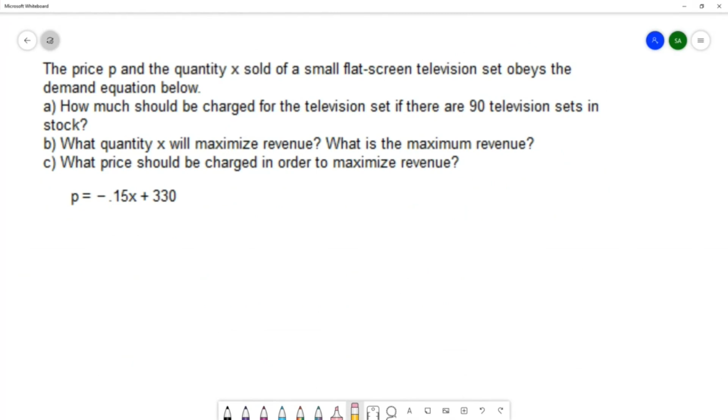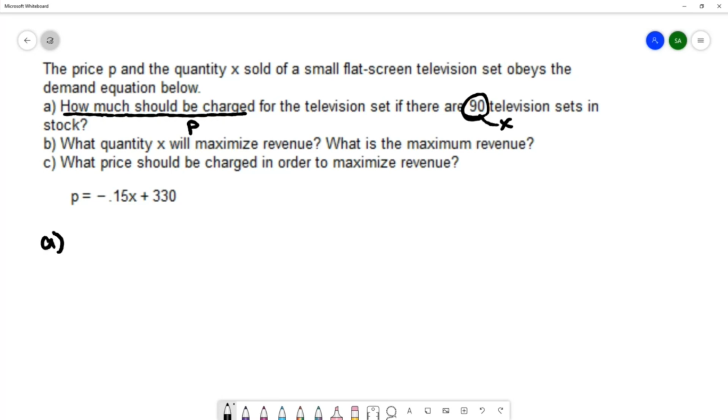So when we're reading this question, it's saying how much should be charged. This is the price for the television set if there are 90 television sets sold. So this 90 refers to X, and how much should be charged is P. So we can use this equation to help us answer part A.